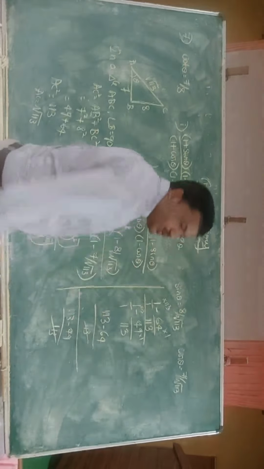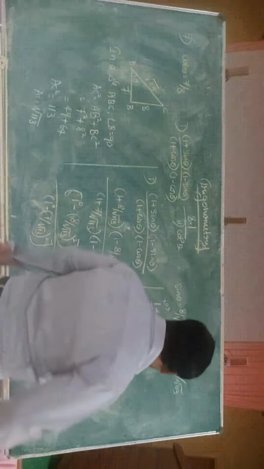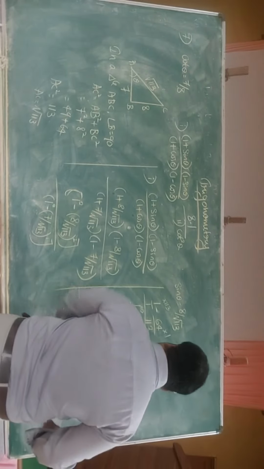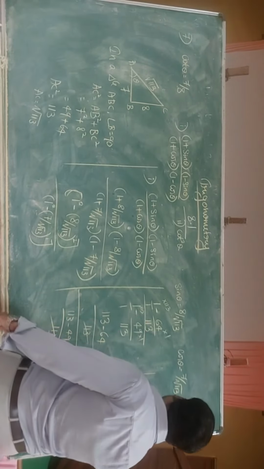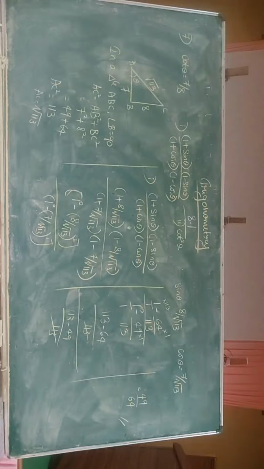This 113 gets cancelled. Now 113 minus 64 is 49, and 113 minus 49 is 64. So the answer is 49 upon 64. Check whether I am right or wrong. Correct? Interesting chapter, right? Or boring? It will not get boring, interesting one, no doubt.